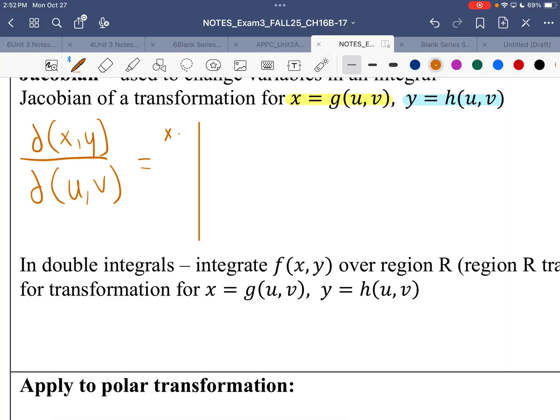Basically, the derivatives of x are going to be the first row, and the derivatives of y are going to be the second row. And then with respect to u is going to be the first column. And taking the derivative with respect to v is going to be the second column.